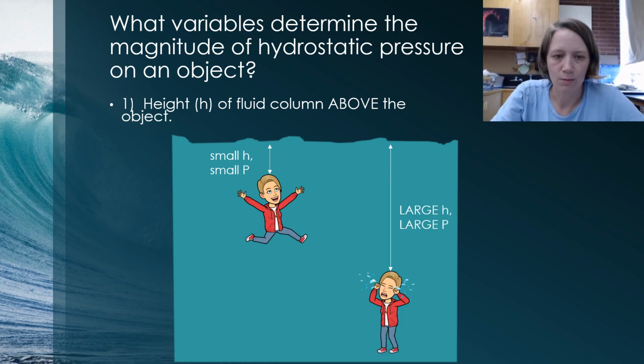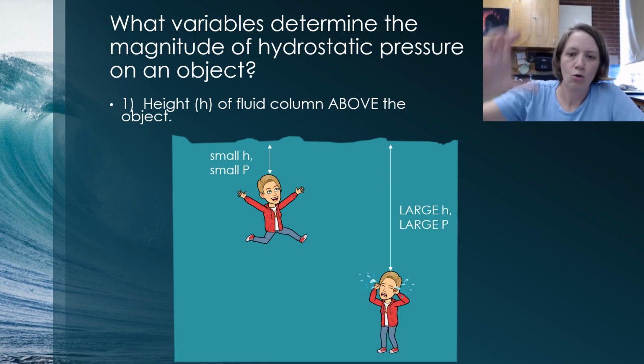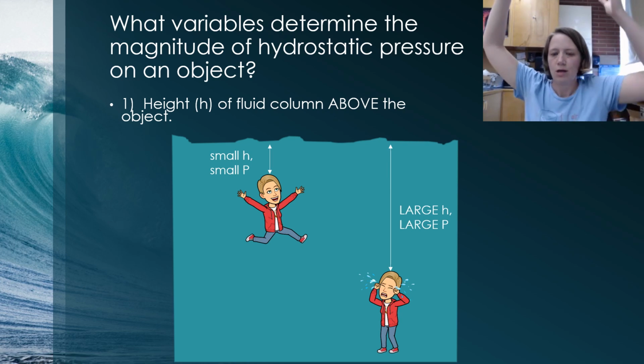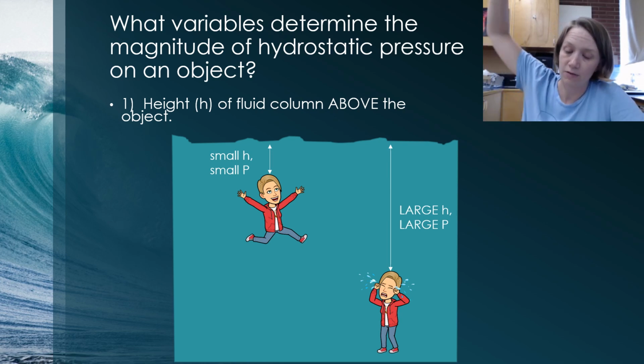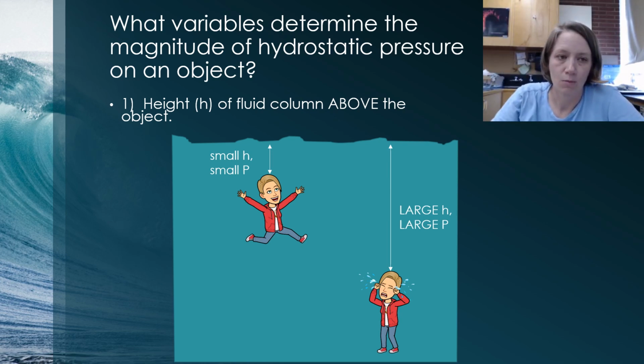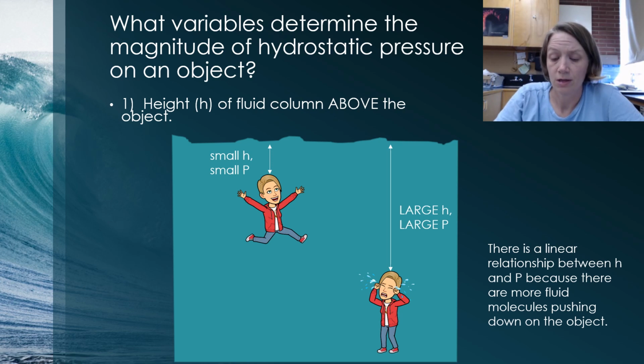Whereas if you're at the bottom of a column of fluid, you've got a whole pile of stuff on top of you, and you're going to be experiencing a lot more pressure. So the bigger the height of the fluid column measured above the object, the more hydrostatic pressure you're going to feel. This means that there is a linear relationship between h and P, because there's more fluid molecules pushing down on the object, the higher the h.